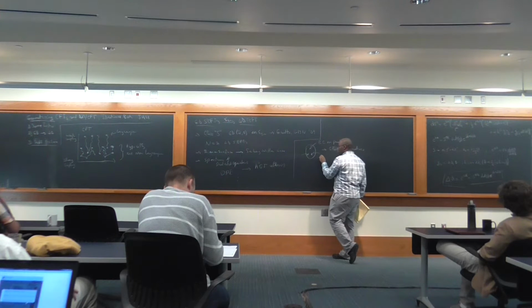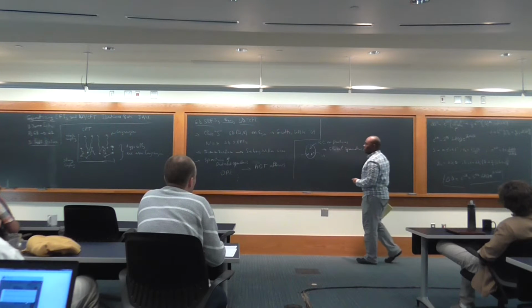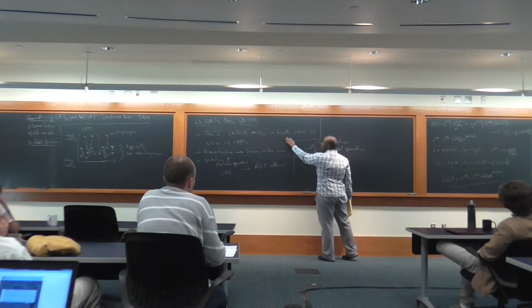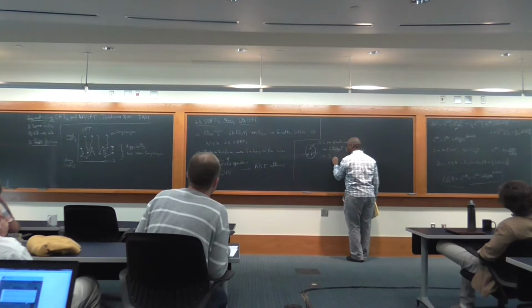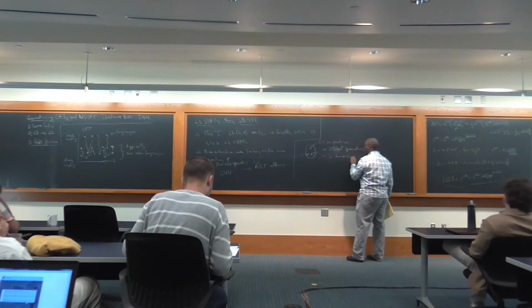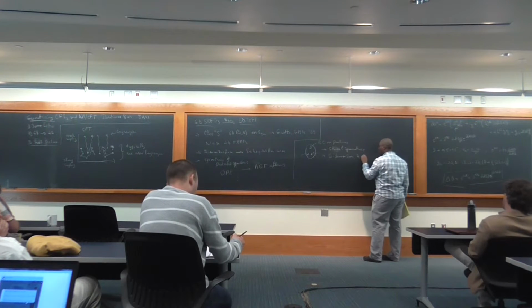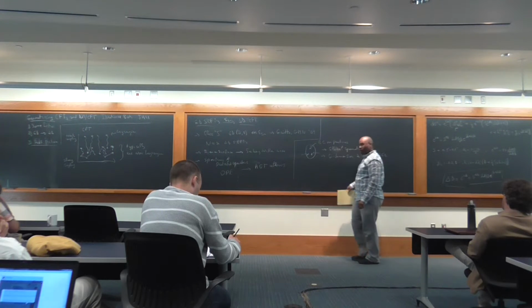And if you wish, these boundary conditions that you add here actually are related to the codimension 2 defects of the 6D theory. Okay?